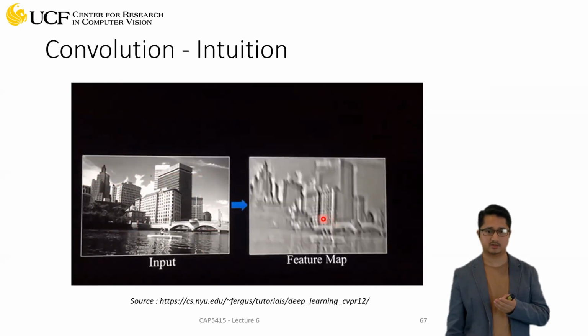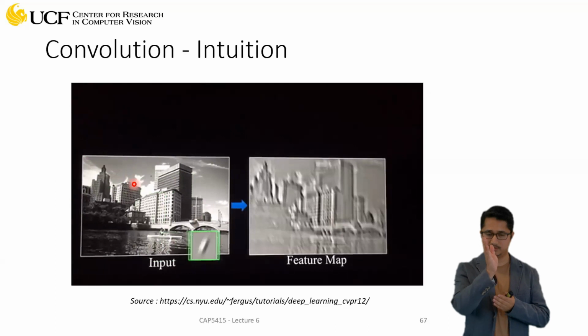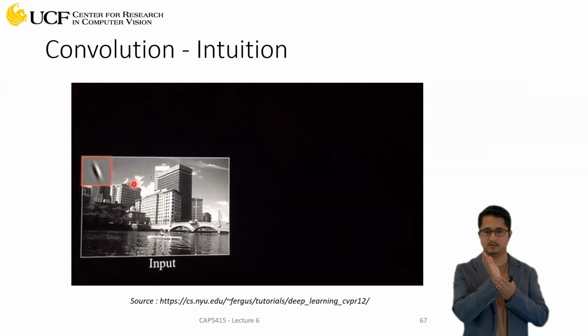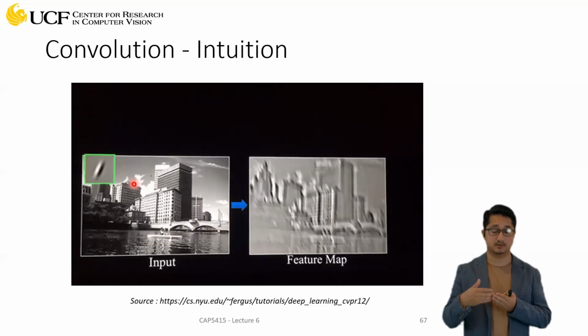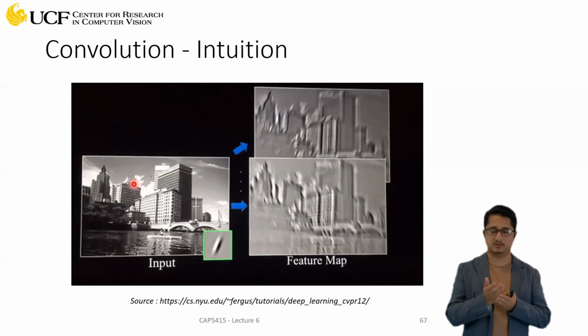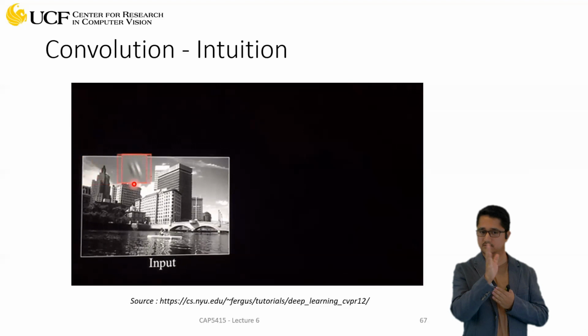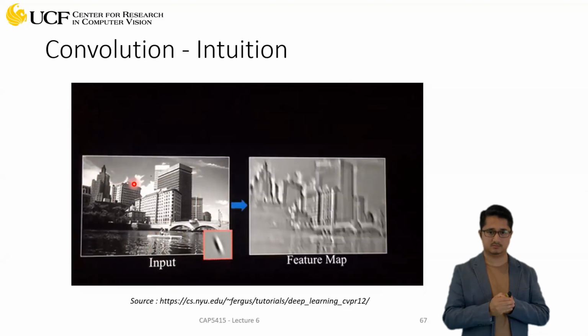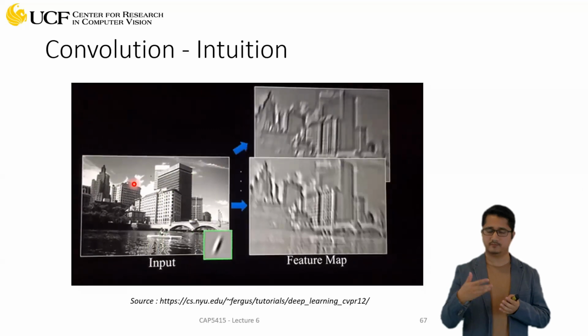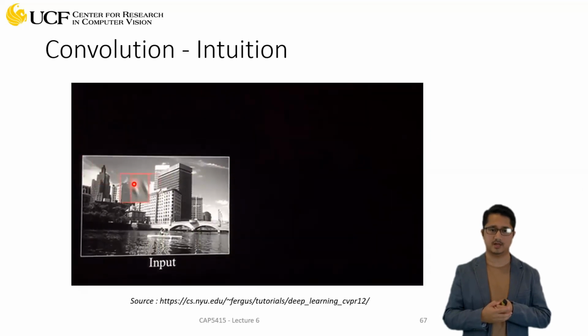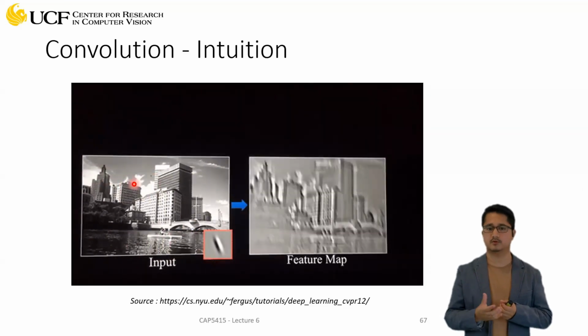Similarly, the green kernel, you can see that's an edge in the right direction. That's another kernel. Again, that will give you a feature map, which will be highly active in those locations where you have edges which are leaning towards right. And again, these are just 2 kernels. If you have a lot of such kernels, you can find very interesting patterns in your input image. It can be used for feature extraction.